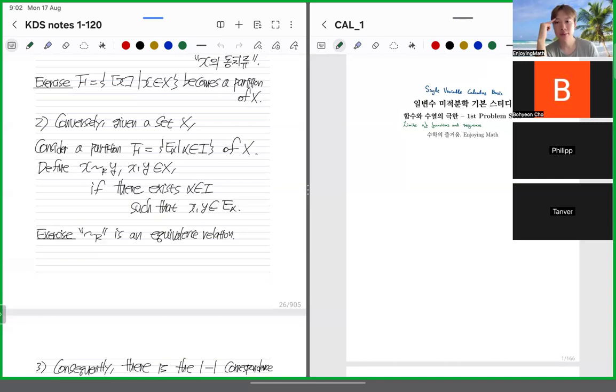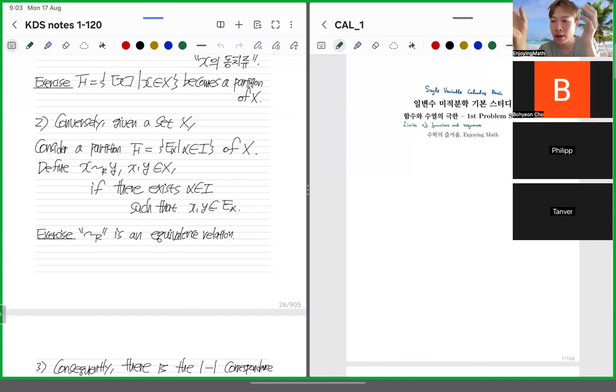Also, just a curious question. You said homogeneous what? Cartesian product. Yeah, I mean X Cartesian product X in this case. Oh, okay. This is a bit out of the main context, but is it possible to make an equivalence relation using non-homogeneous Cartesian products? For example, if A and B are different sets and we take the Cartesian product of A and B, can we still make an equivalence relation?